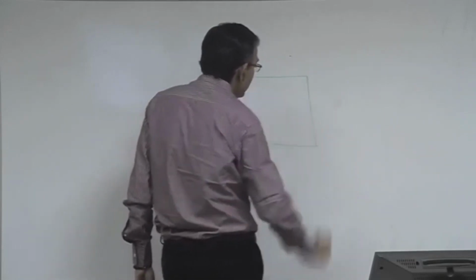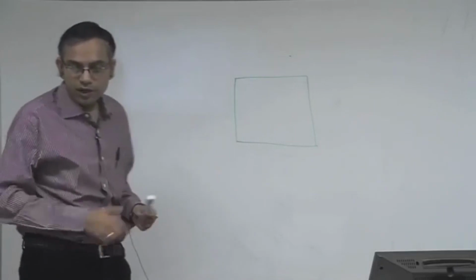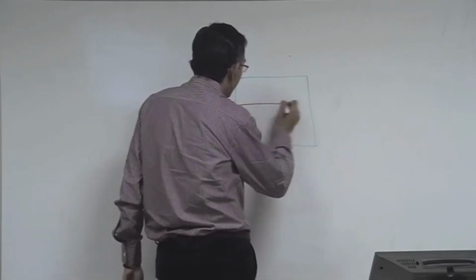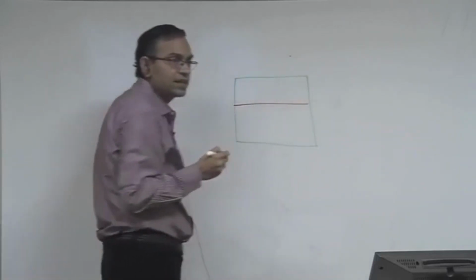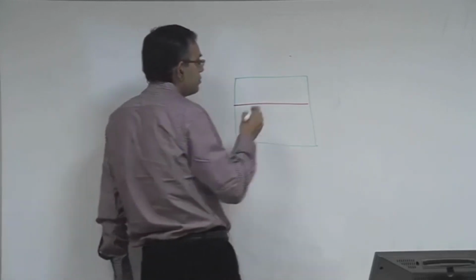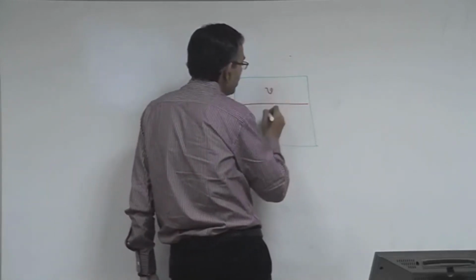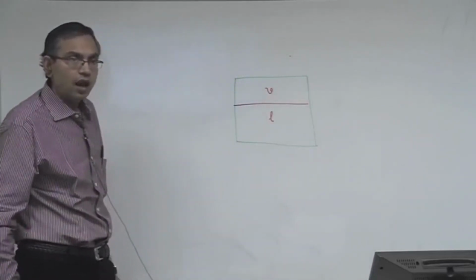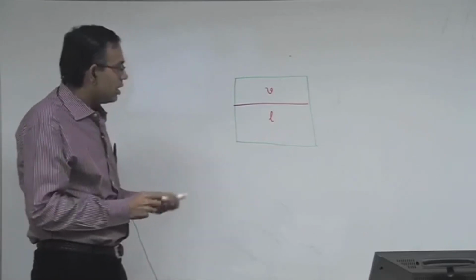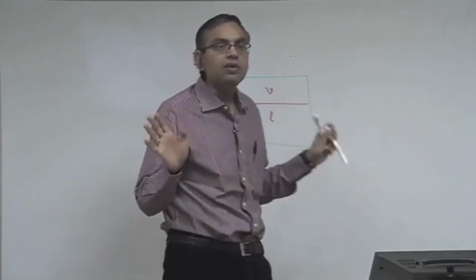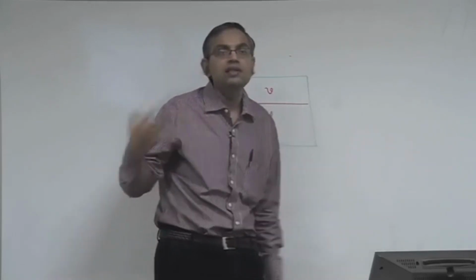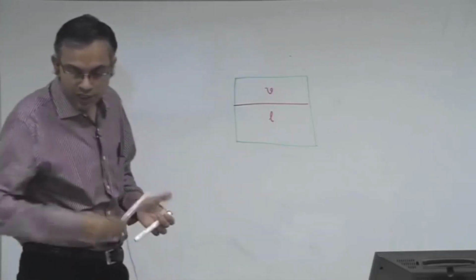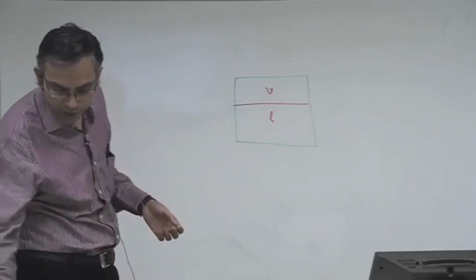Just for simplicity we will not consider a complicated scenario, but a very simple scenario where you have a container, there is an interface, and the interface separates the vapor from the liquid. Whether the interface is flat or curved, forget about that at this moment, we will discuss these issues in much more detail later on, but for the time being let us assume that the interface is of some form, some shape.